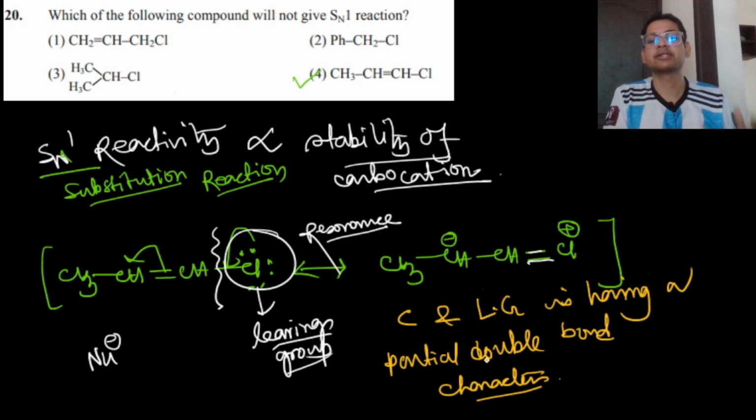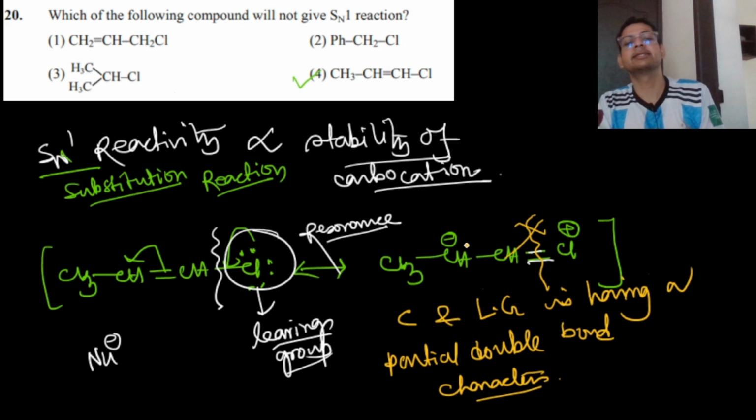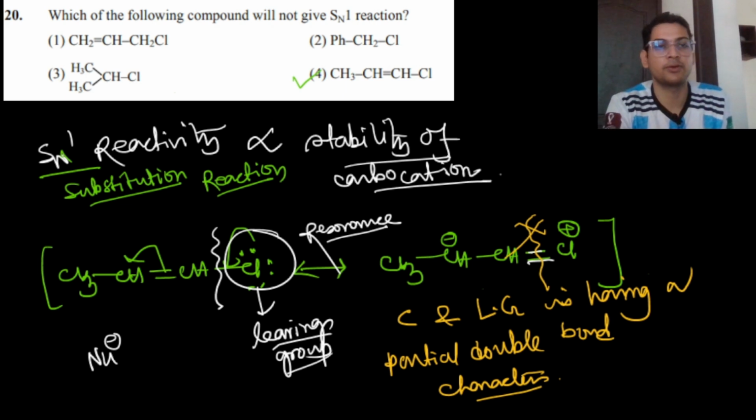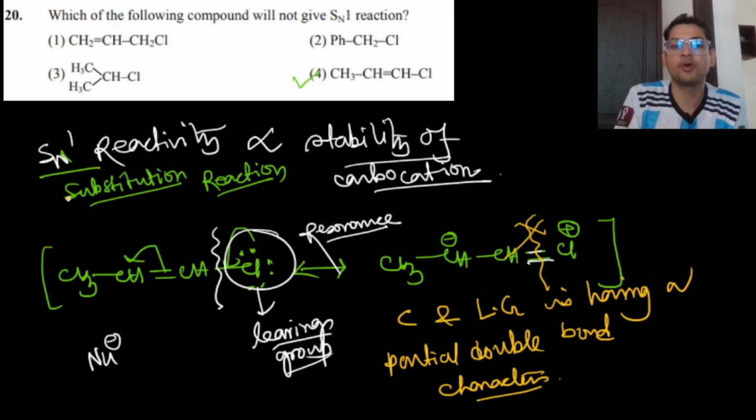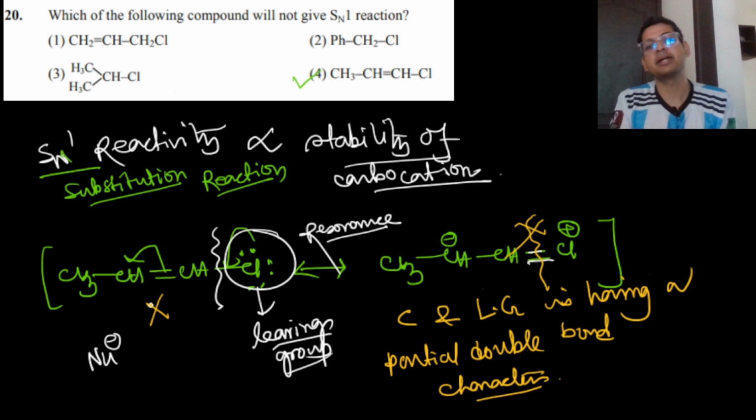The bond strength is more. You cannot just break this bond. Are you getting my point or not? You cannot break this bond. So if I cannot break this bond, that will not participate in SN1 reaction.